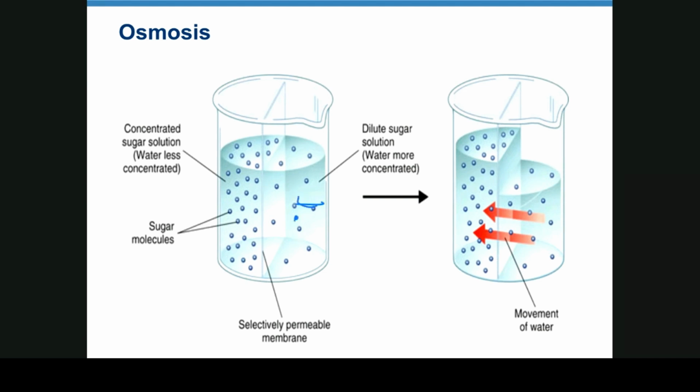And the stuff can be sugar, but in the bloodstream, probably one of the major factors that keeps osmotic movement going from the kidneys back into the bloodstream is plasma proteins. And these would be your plasma proteins. And so basically water is sucked towards those proteins.